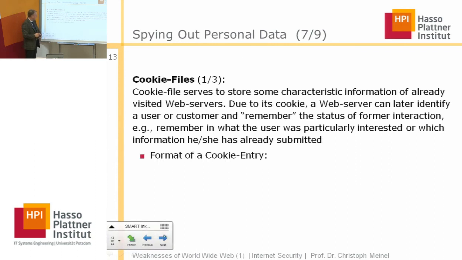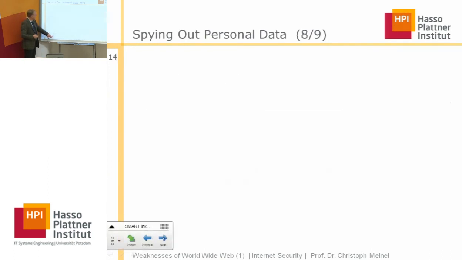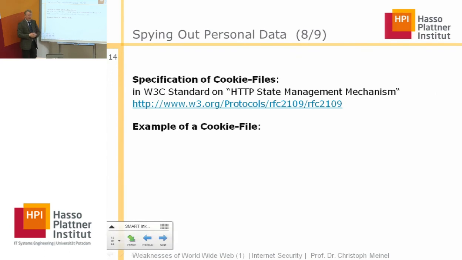The format of such a cookie file looks as follows. There's a name, there is an expire date, there is a path, a domain name, and other things. If we have a closer look, specifications of these cookie files you can find in the W3C standard on HTTP state management mechanisms.